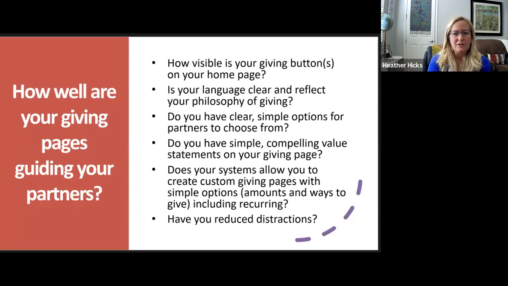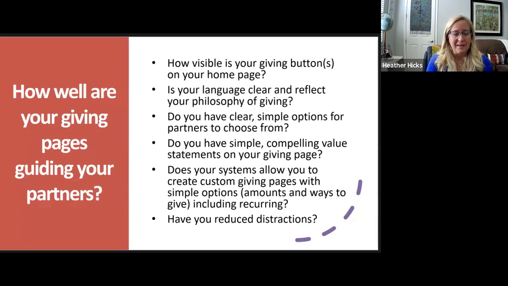Do you have clear, simple options for partners to choose from? I'd go to the next step and ask, how many decisions are people having to make? Do you have simple, compelling value statements? And what would it look like to add or reduce your value statements that reaffirm to people they're making a good decision?